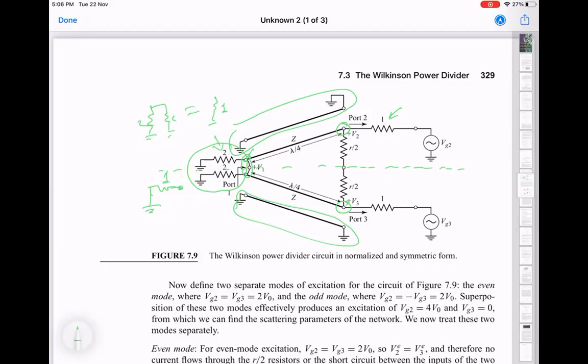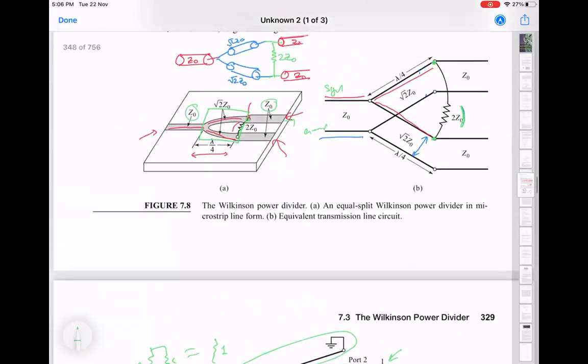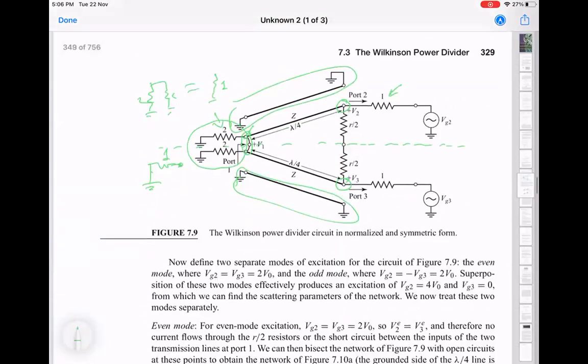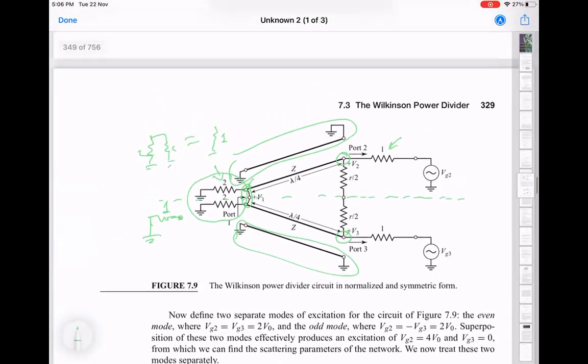Oh, all ports have been connected with matched 50 ohm resistors, which is one in this picture, but the one has been split as two 2 ohm resistors in parallel. We are analyzing this circuit with a matched load on all of them. In addition, we are putting an excitation on the two output ports and calling it VG2 and VG3.